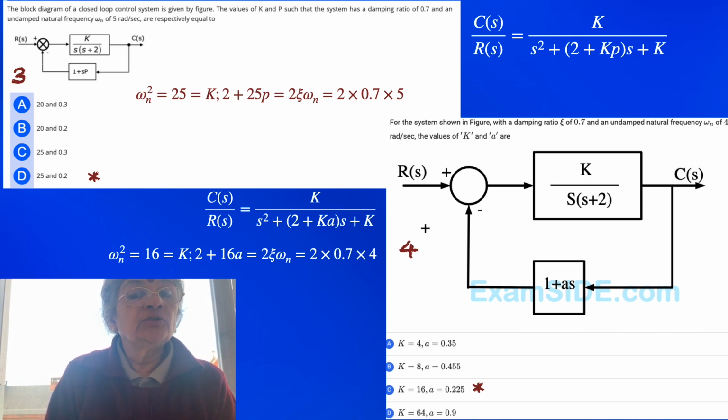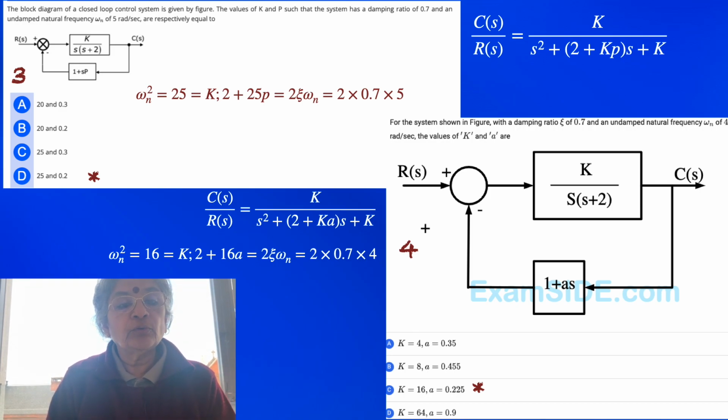So as usual, we find the overall transfer function. We have k on the numerator, and we have s square plus 2s plus, again 1 plus sp into k, or k plus ksp in the denominator. Now omega n is given as 5, so omega n square is equal to 25. This is the same as k, because that's the only constant available in s square plus 2s plus k plus ksp.